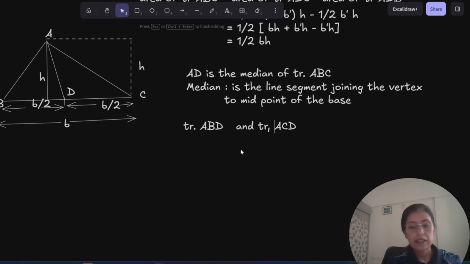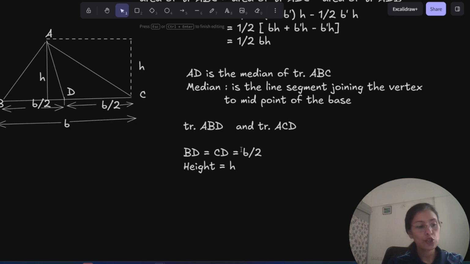What we see here is BD is equal to CD is equal to B by 2, and our height is h, right?